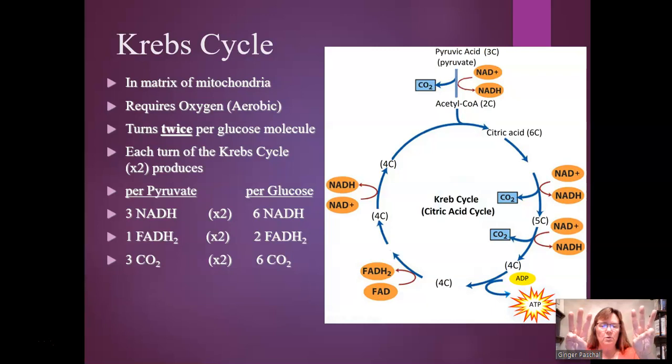So as we go through the Krebs cycle, each one of those carbons becomes a CO2. Each one of these in the other pyruvate becomes a CO2. So for each turn of the Krebs cycle, we get 3 CO2s. When we send both pyruvic acids through for the one glucose that we started with, we get 6 CO2.